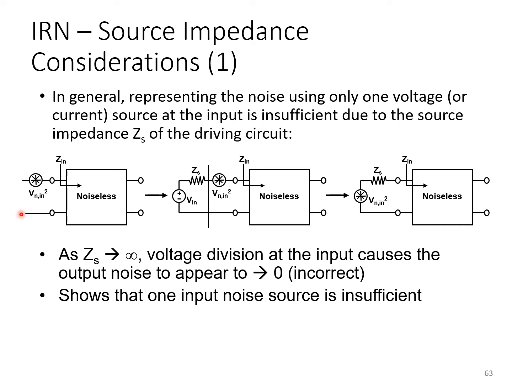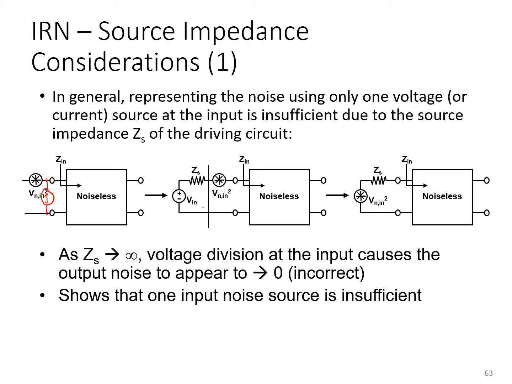So one way to deal with this is to model all the noise of the circuit with two noise sources, a voltage noise source and an input-referred current noise source. It can be shown that modeling all the noise of a circuit with two input-referred sources like this is sufficient to capture all the noise sources for any arbitrary source and load impedances that may be connected to the two-port network.